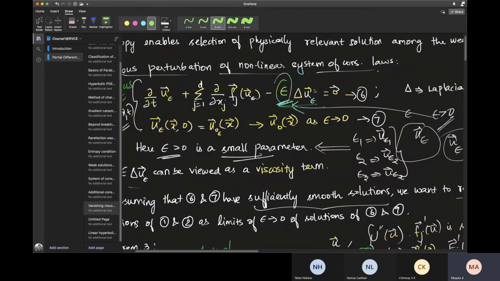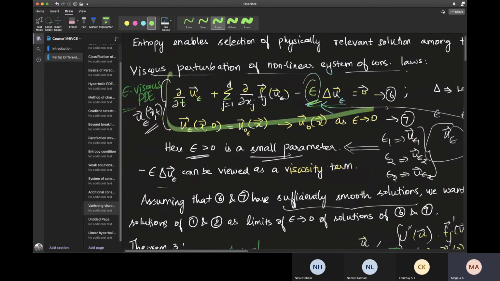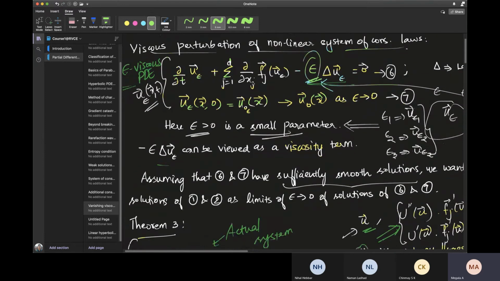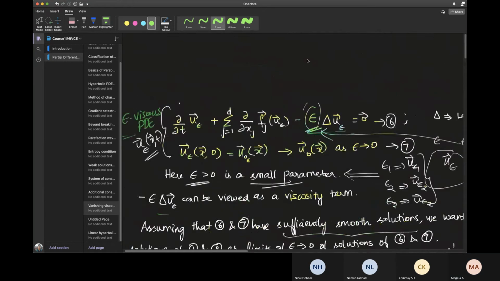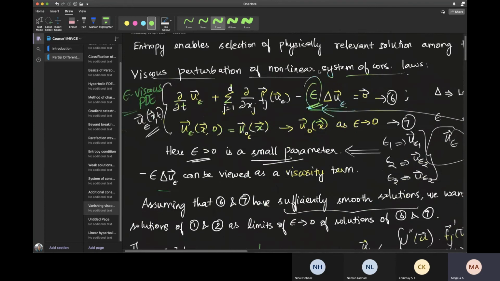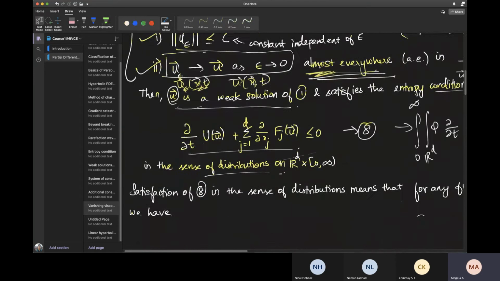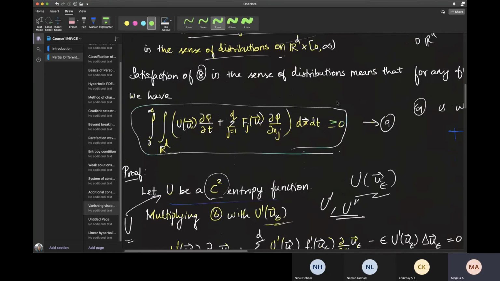So with epsilon being positive for dampening of the solution, and by considering that all physical solutions dampen, we take any solution of the epsilon viscous PDE to be the physically relevant solution. Because of this reason, we say that this entropy inequality has to be satisfied.